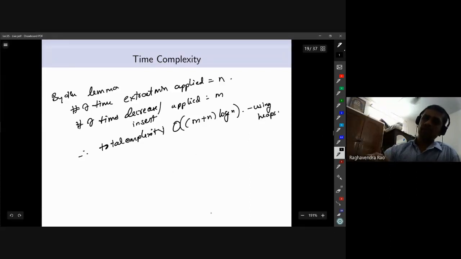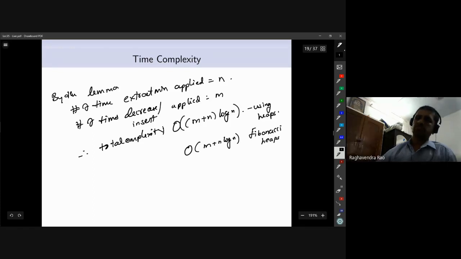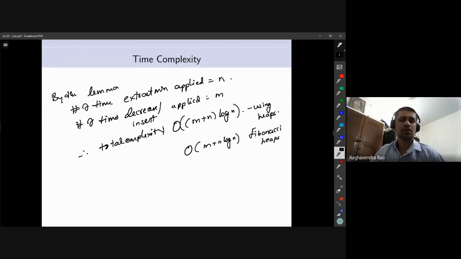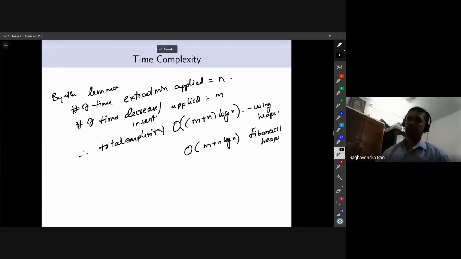With Fibonacci heaps, which we didn't really discuss in detail, you can do the decrease-key operation, as well as insert, in order one time.